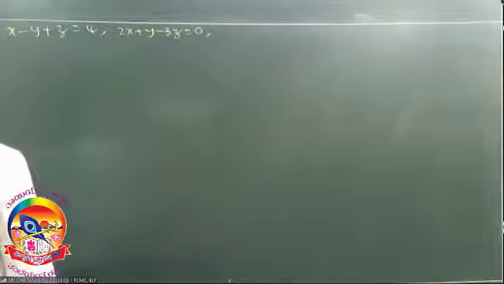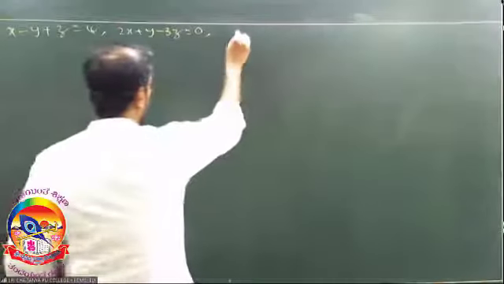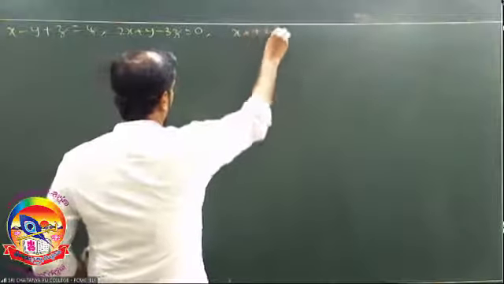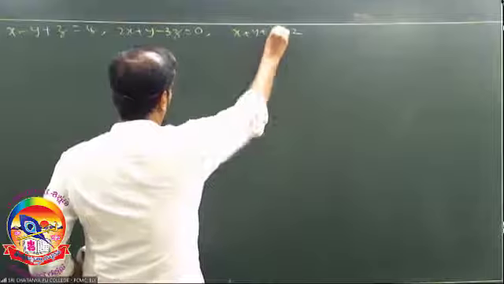Another one, x plus y plus z is equal to 2. I am going to repeat these three equations. Observe them carefully. x minus y plus z is equal to 4. 2x plus y minus 3z is equal to 0. x plus y plus z is equal to 2. Yes?